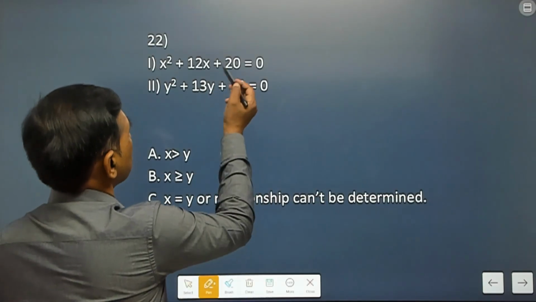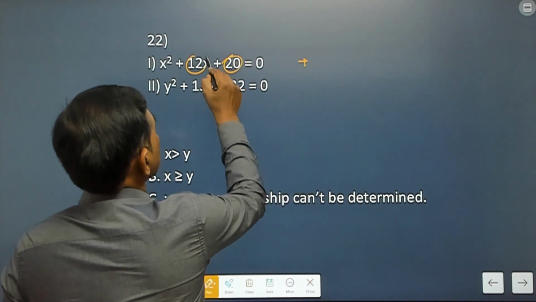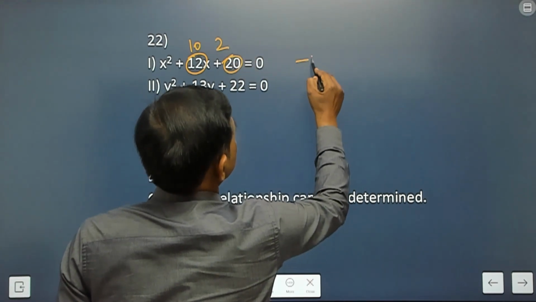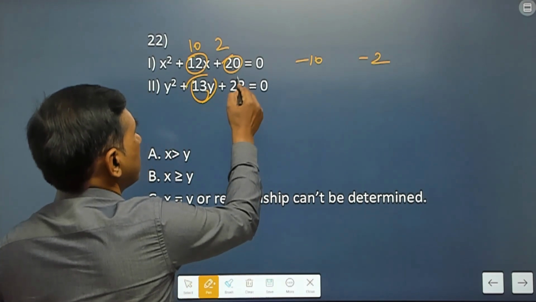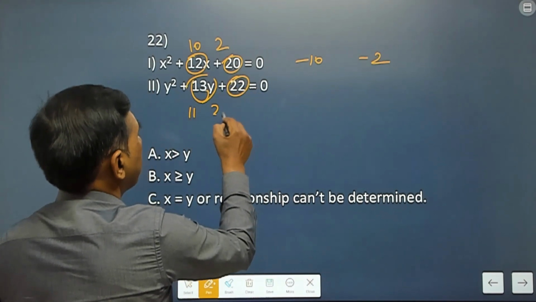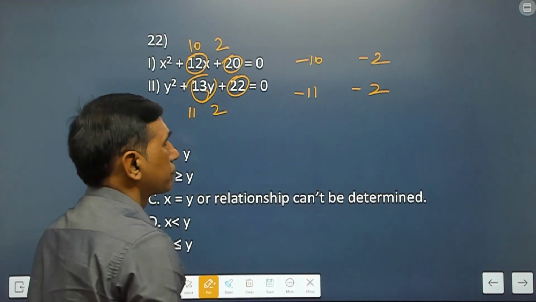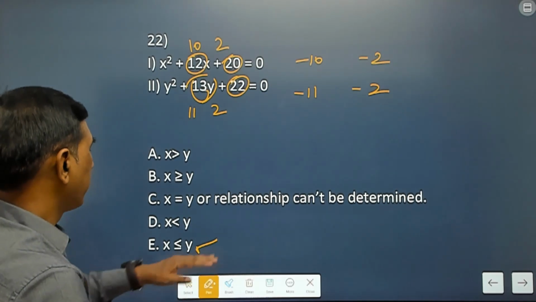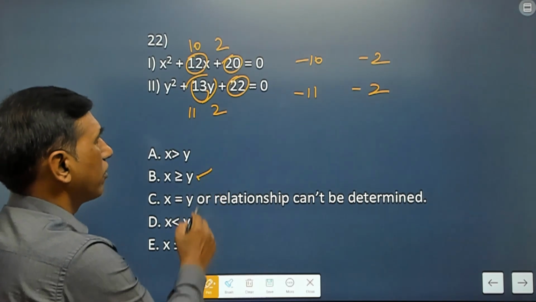It's simple. So 20. So this has to be minus 10, minus 2. This is 30, 22. So this has to be minus 11, minus 2. So x is greater than or equal to y.